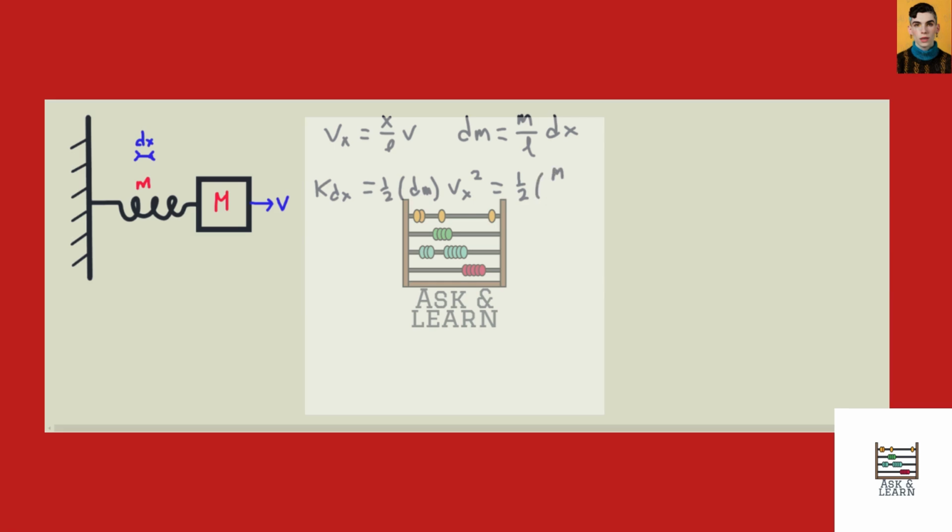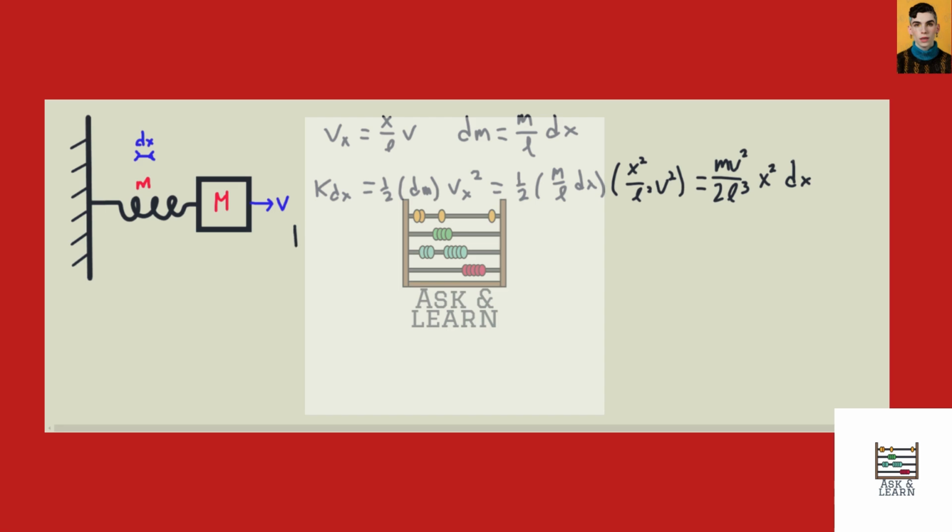So 1/2 m over L dx times x squared over L squared V squared. And that will become mv squared over 2L cubed times x squared dx.